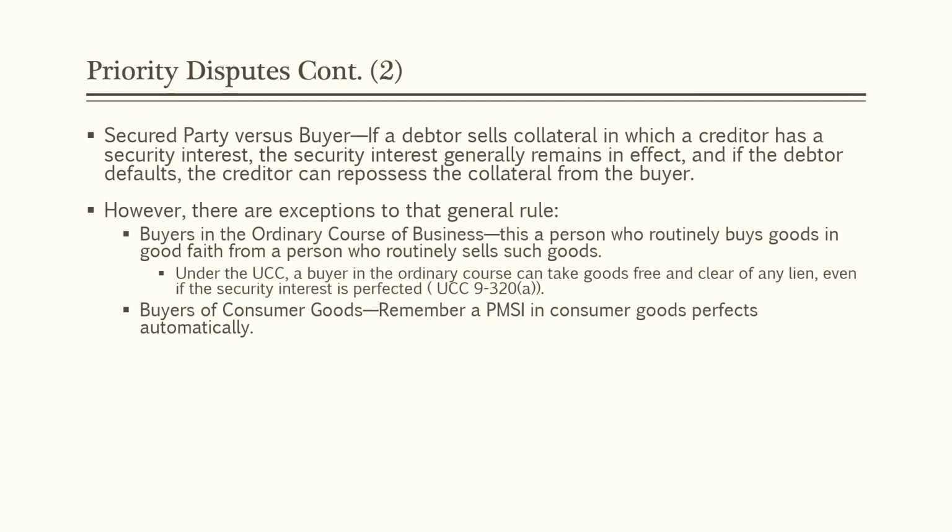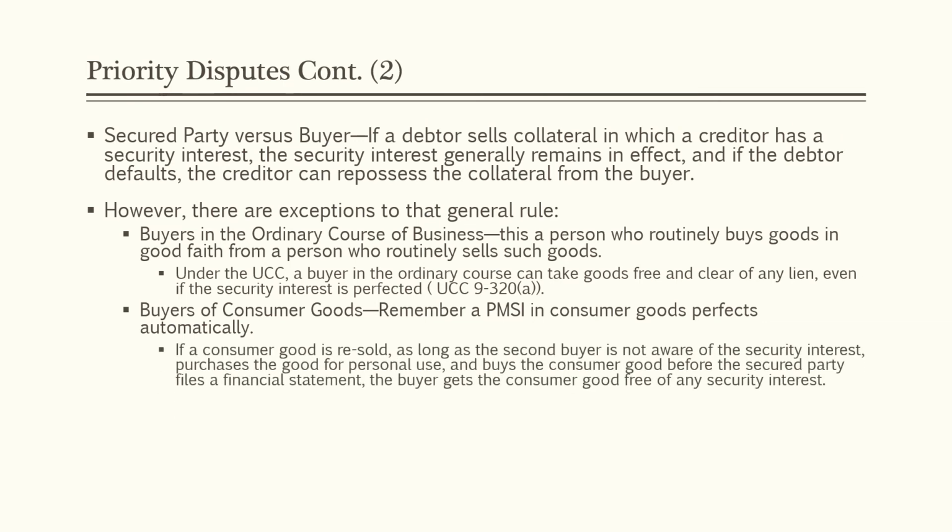Then there are buyers of consumer goods. Remember that a purchase money security interest in consumer goods perfects automatically. If a consumer good is resold, as long as the second buyer is not aware of the security interest and purchases the goods for personal use and buys the consumer good before the secured party files a financing statement, the buyer gets the consumer good free of any security interest.